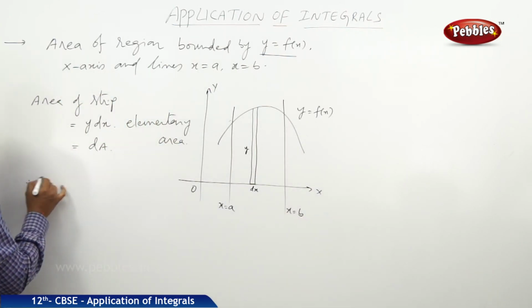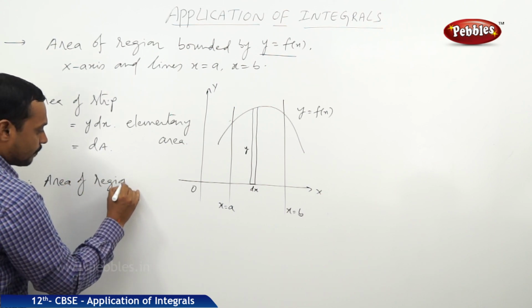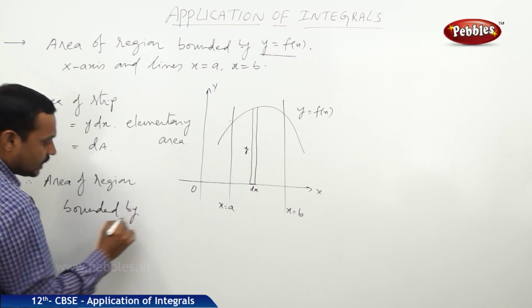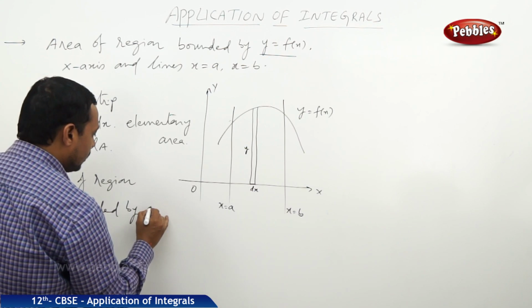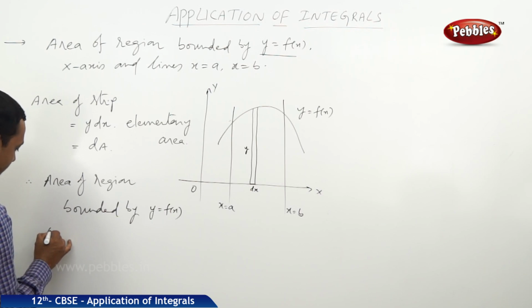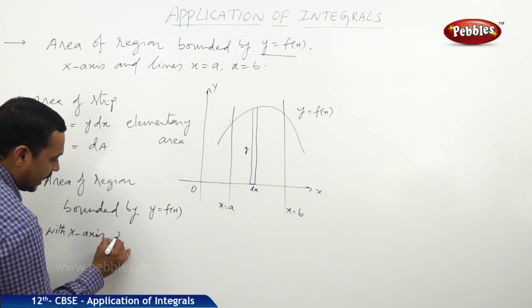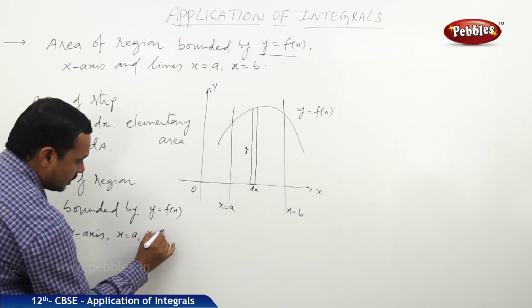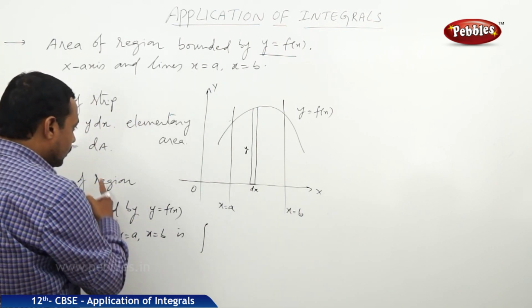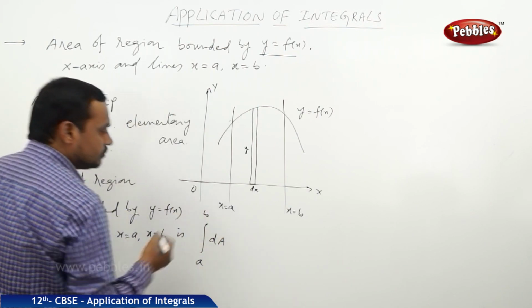And therefore the area of the region bounded by the curve y is equal to f of x with the x-axis and x is equal to a, x is equal to b is given by integral of dA under the limits a to b.